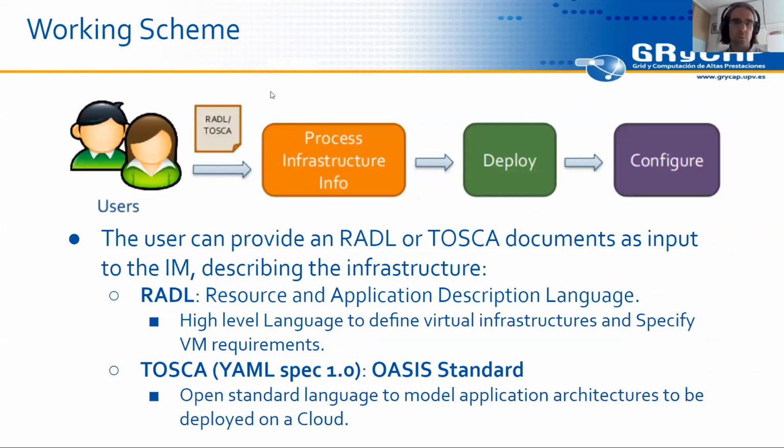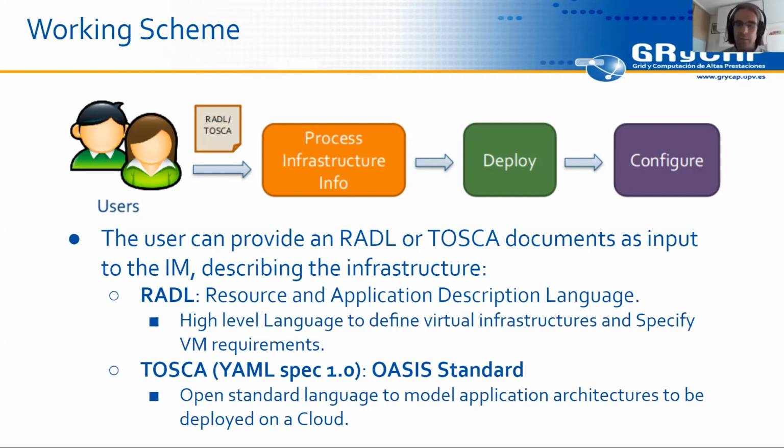So this is the working scheme. First, the users describe the infrastructure requirements using an RADL or TOSCA document. Then it is sent to the Infrastructure Manager, which is in charge of deploying, contacting the final cloud provider. As I said, we have two different languages. The RADL is the native one of the IM, designed by us, and it is the Resource and Application Description Language.